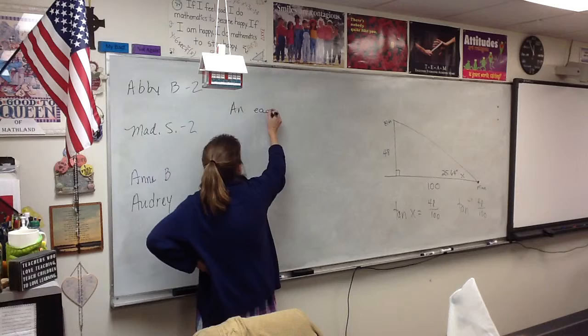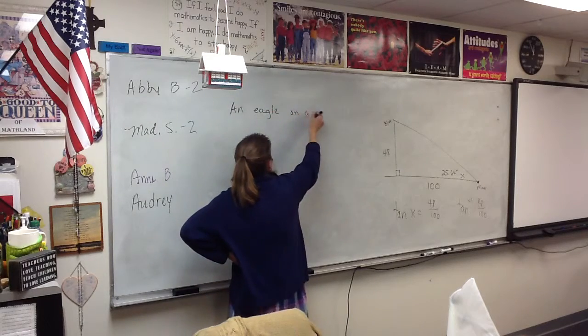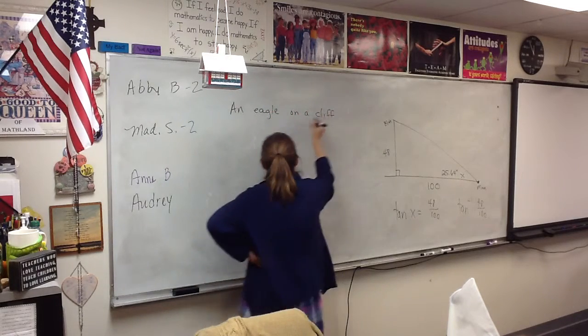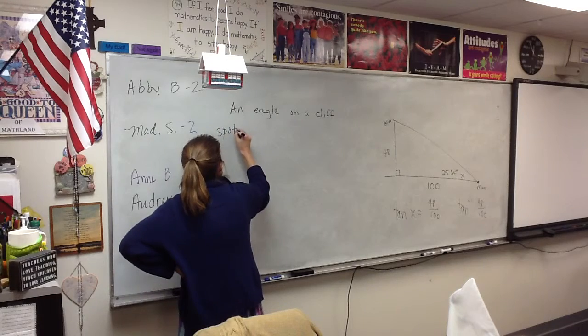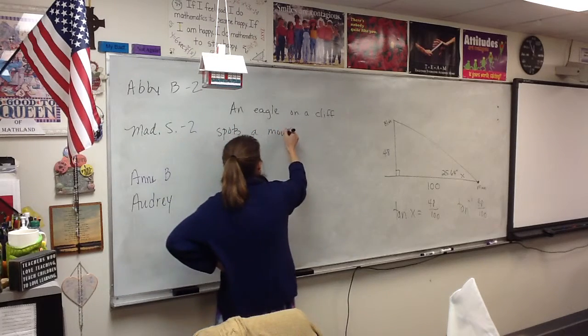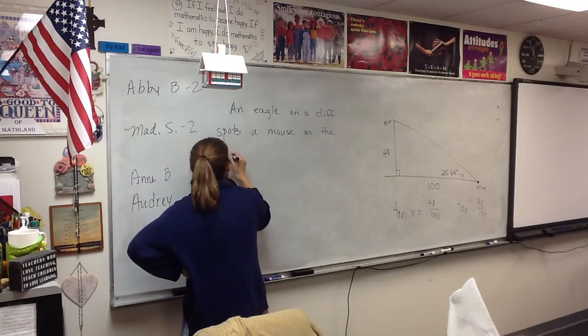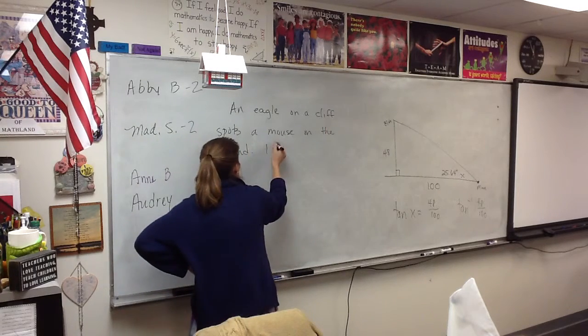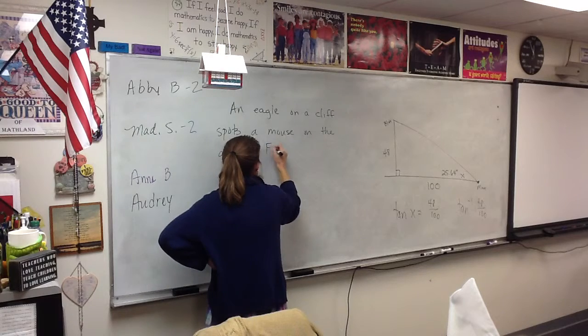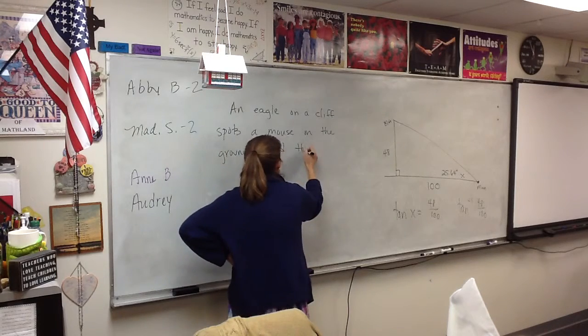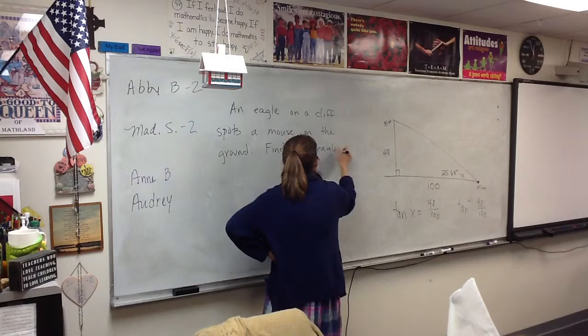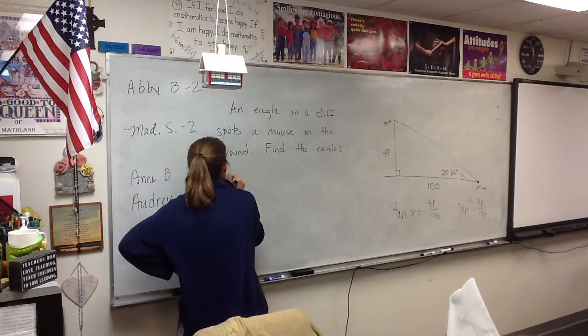This is an eagle on a cliff. That makes perfect sense. He spots a mouse on the ground. Find the eagle's angle of depression.